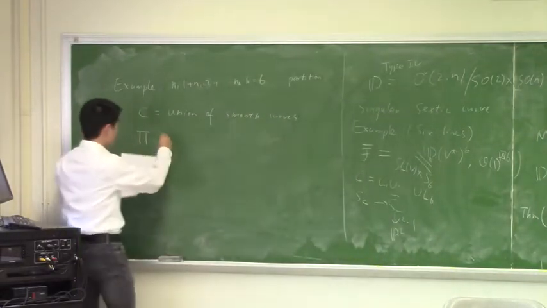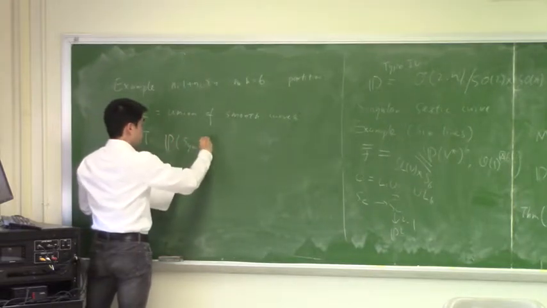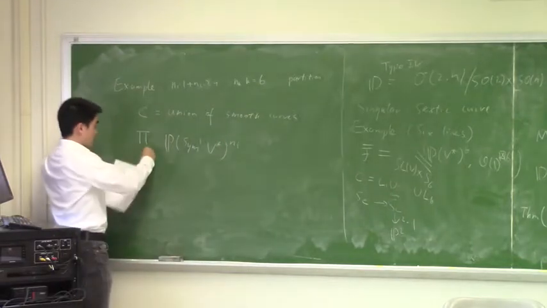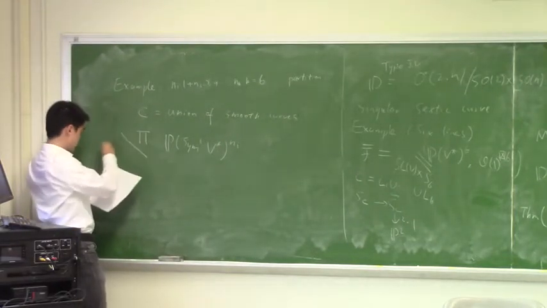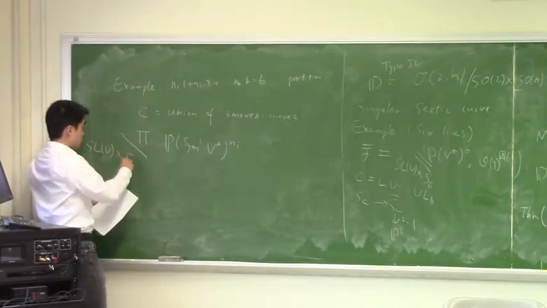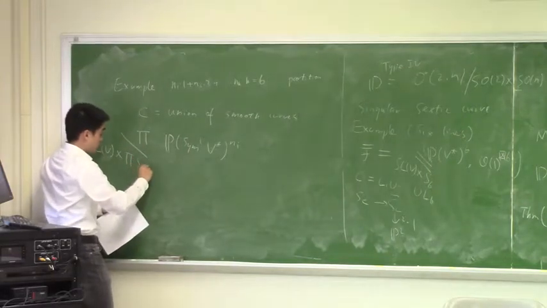So it's a product, and the GIT quotient is just SL(V) times the product of permutation groups.